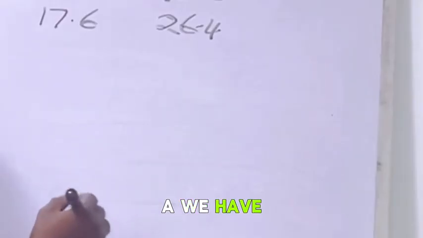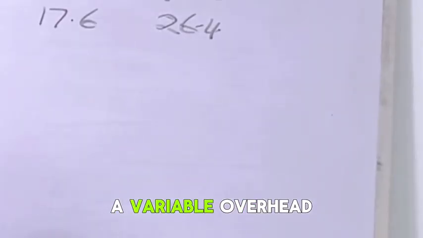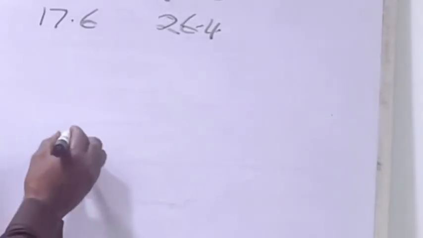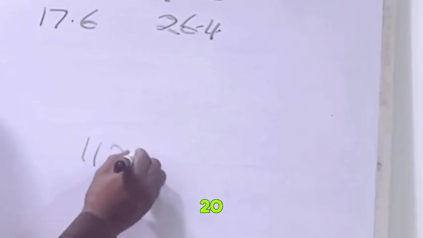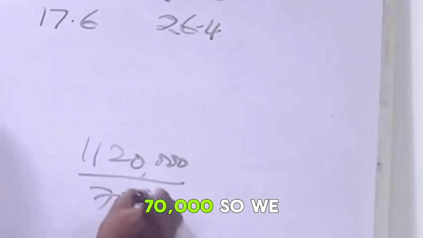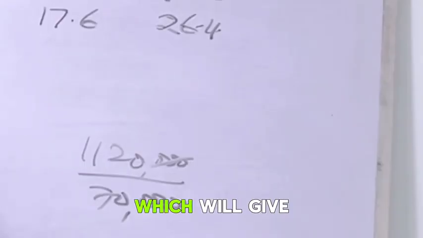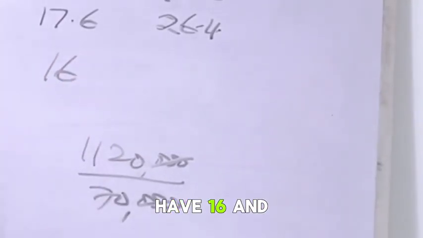So for A, variable overhead is 1,120 all over 70,000. So we have 1,120 divided by 70, which will give us 16. So here we have 16.